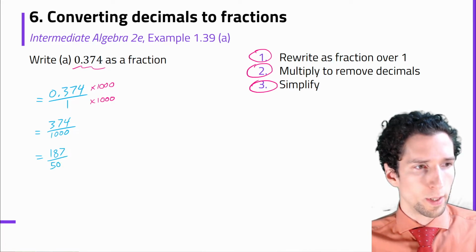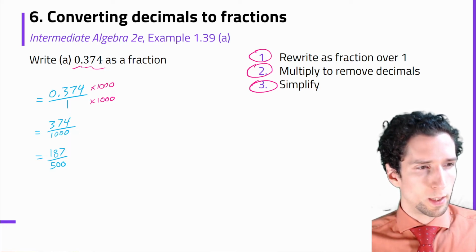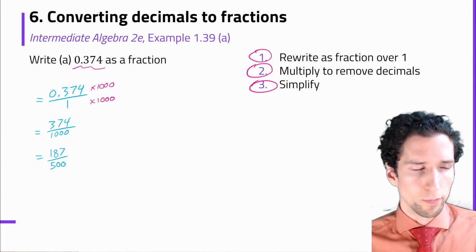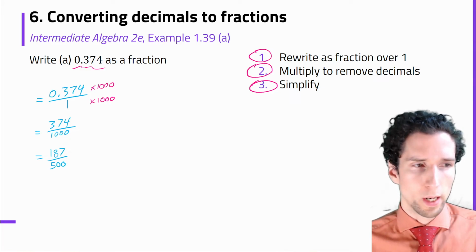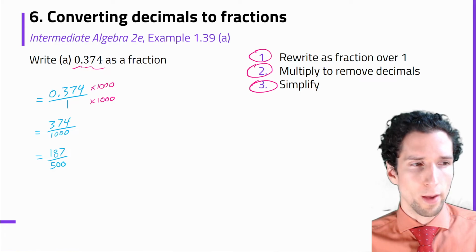And divide the bottom by 2 as well, 500. Don't think we can go further. Can't divide by 3, not by 4. If we think of the factors of 500, none of them are going to work with 187.